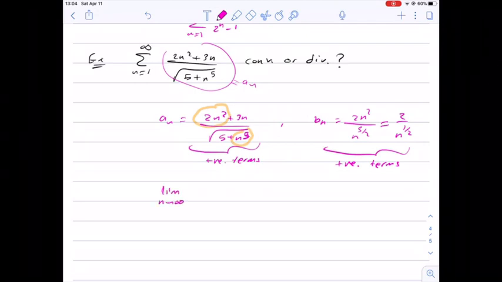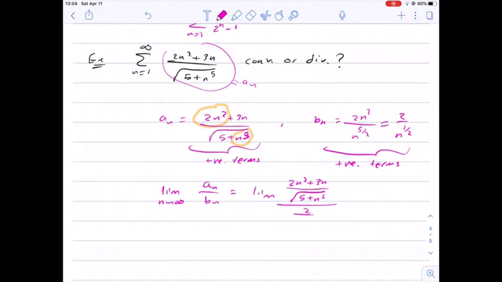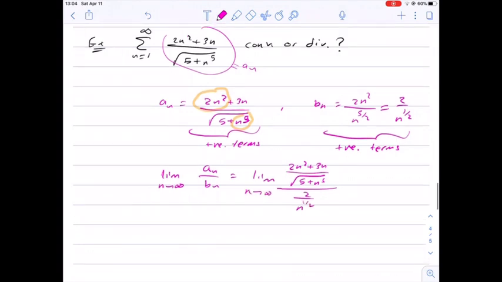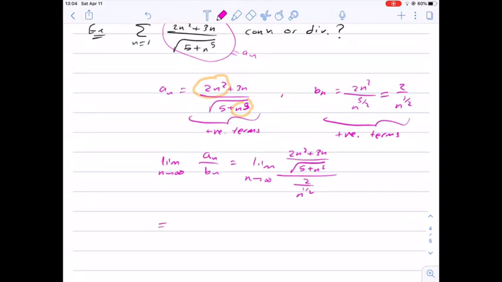Now we apply the limit as n goes to infinity of an over bn. This is the limit of 2n squared plus 3n over square root 5 plus n to the fifth, over 2 over n to the power 1/2, as n goes to infinity.